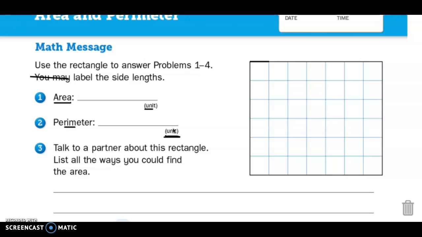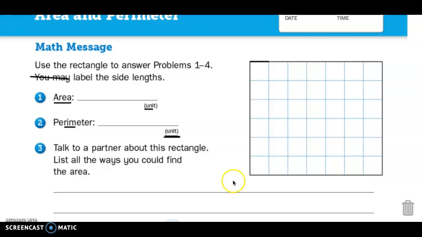All right, third grade, if you are back, that means you have answers filled in for number 1 and number 2, and you have labeled all of your sides. First things first, did you figure out if this was an inch long or a centimeter long? If you said centimeter, you are correct. This is 1 square centimeter because each side of our square is 1 centimeter long.